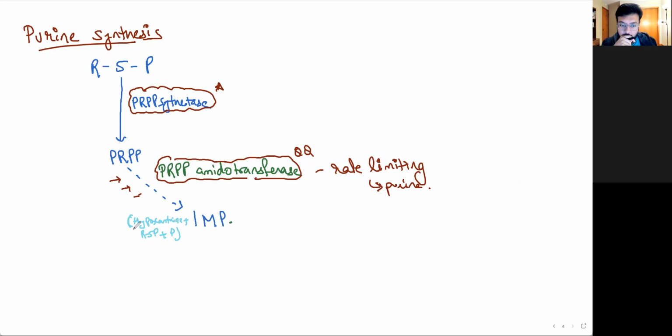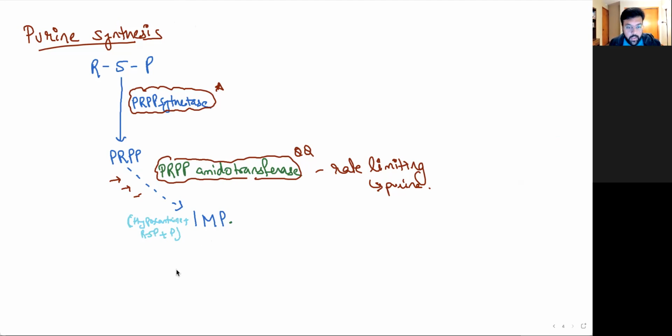Now, if you made IMP, which is also a purine, so we have three purines. We only know adenine and guanine. Inosine is also a purine, but adenine and guanine are more important for us.